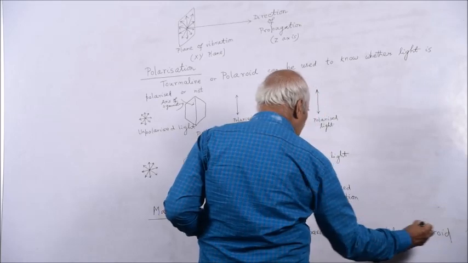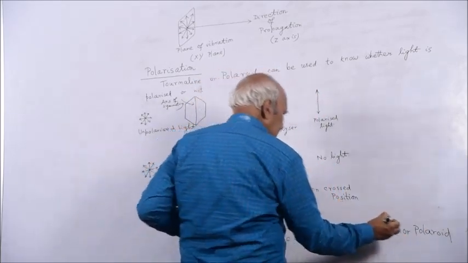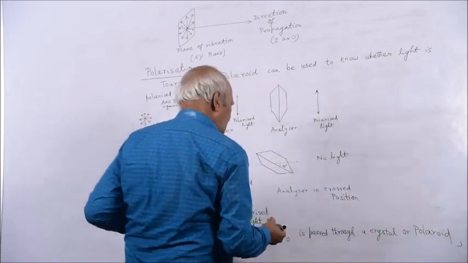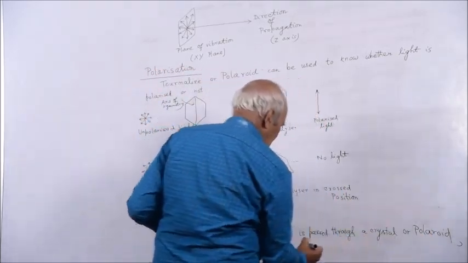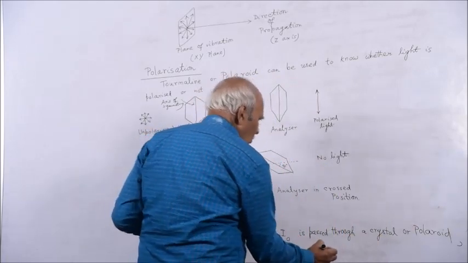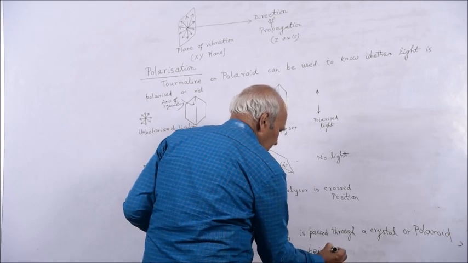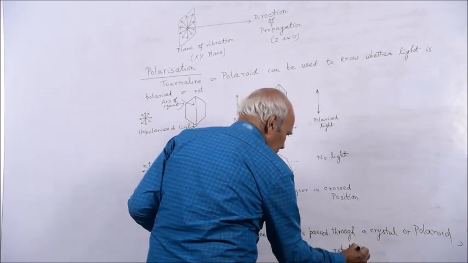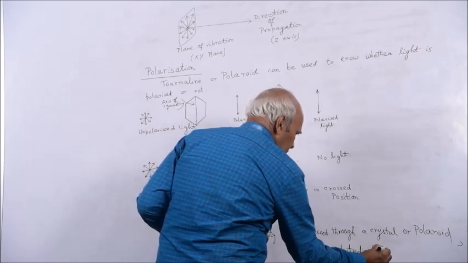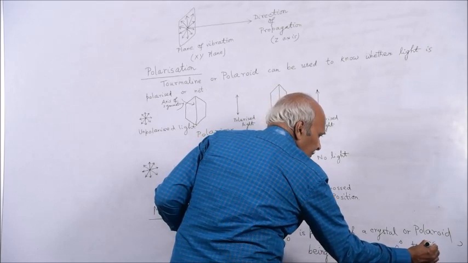Then it is found that the light passed through a crystal or Polaroid, the analyzer being rotated from 0 degree to 360 degree.